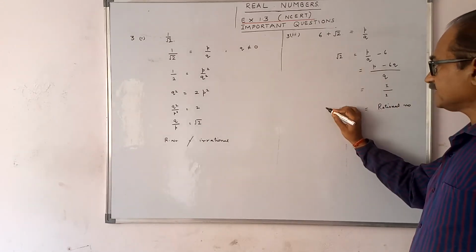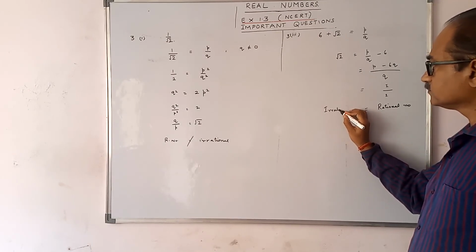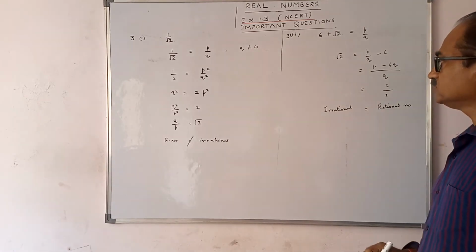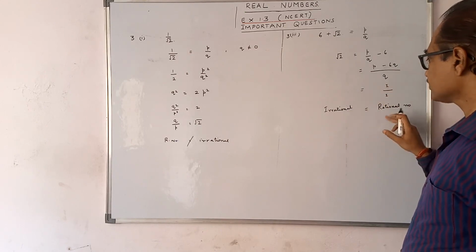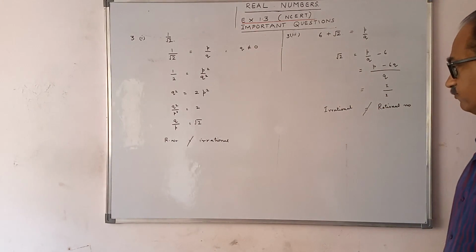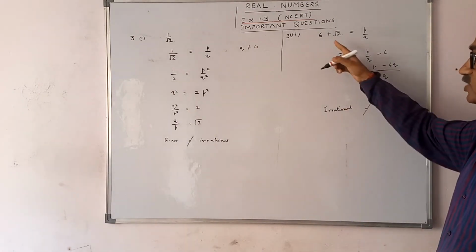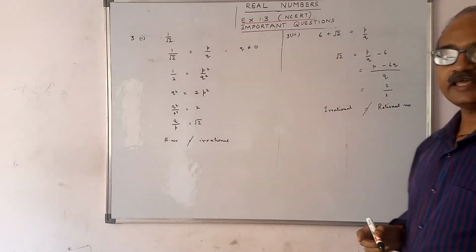And root 2 is irrational, we know, because it's having a root over it. So a rational number can never be equal to an irrational number. Therefore, we come to a conclusion that our assumption is wrong. Therefore, 6 plus root 2 is not a rational number, it is an irrational number.